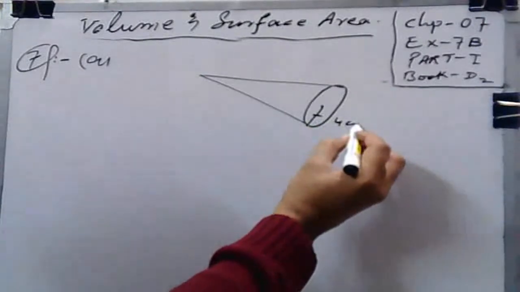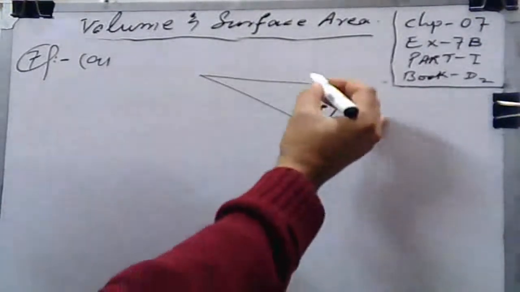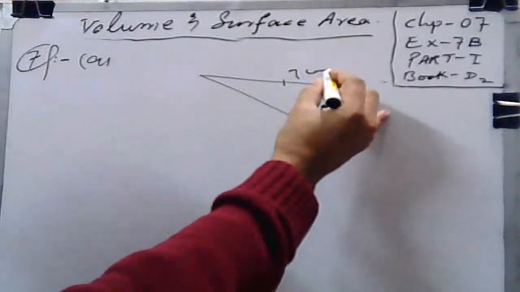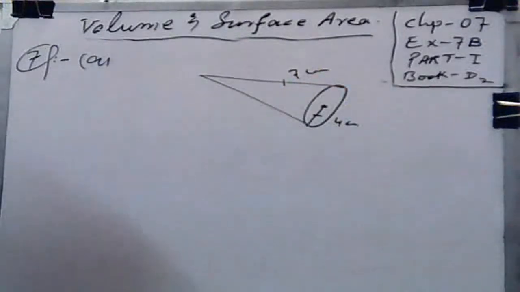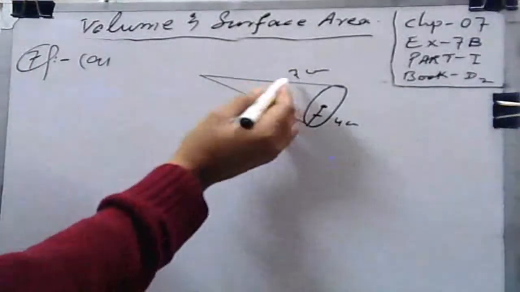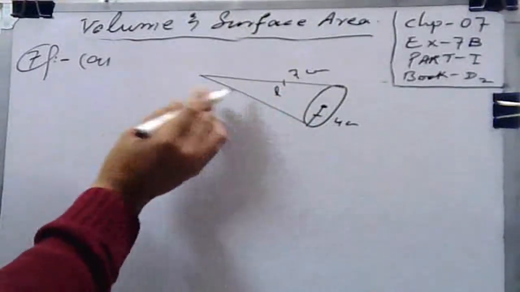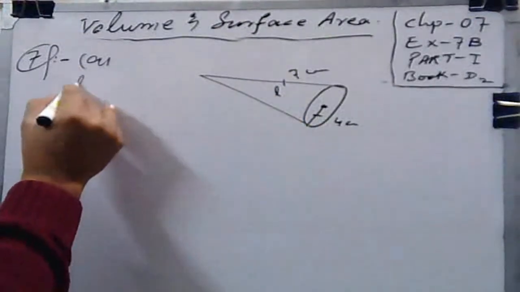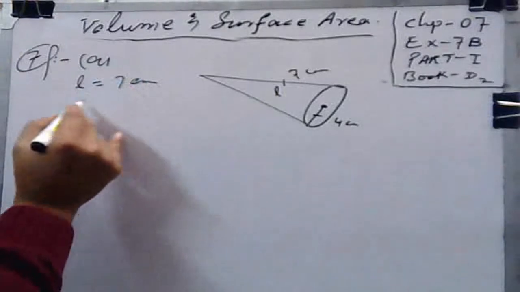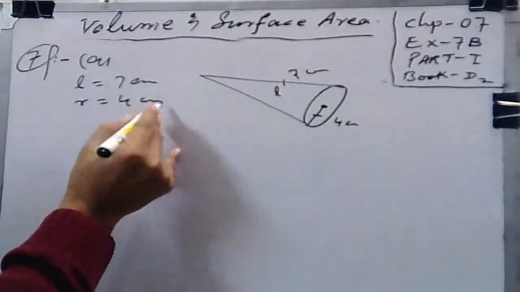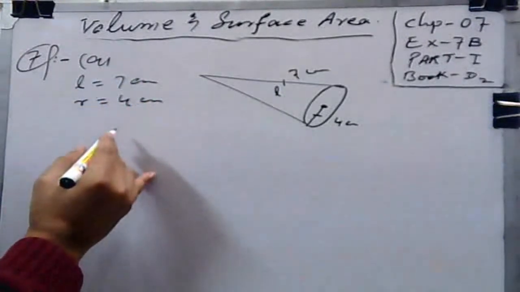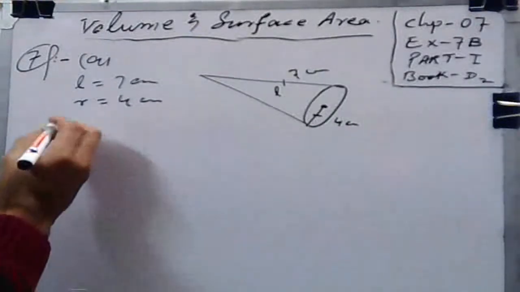That is your 4 centimeter, and slant height is 7 centimeter. So it is represented by L because it is your slant height. So L is equal to 7 centimeter, where R is equal to 4 centimeter.